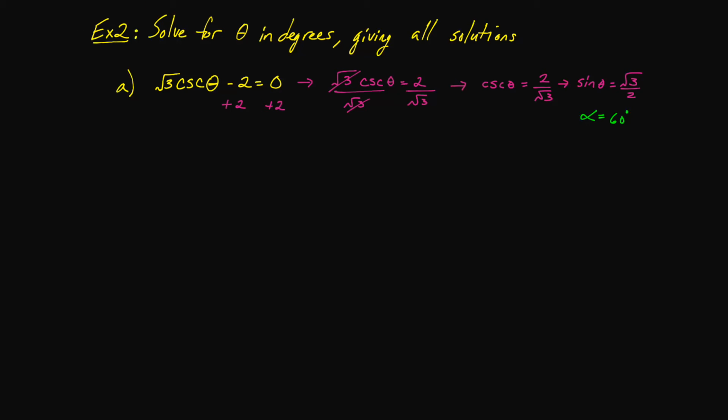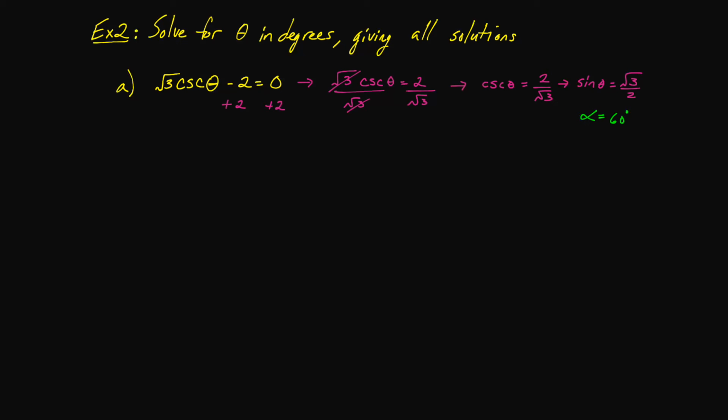But that does not satisfy giving all the solutions. So we should note that this value of root 3 over 2 occurs whenever the angle is back to its reference angle of 60 degrees.